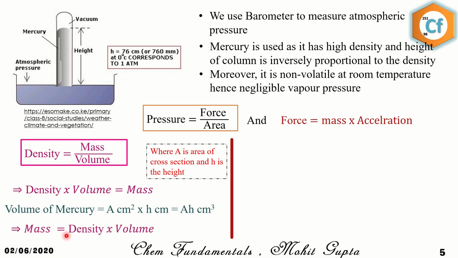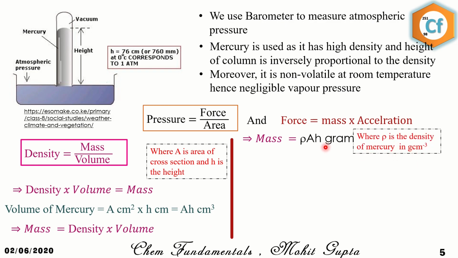On rearranging, mass is equal to density into the volume. So I'll substitute this value. What I'll get is rho AH grams. What is rho here? Rho is the density of the mercury, and the volume is AH centimeter cube. The unit of density is gram per centimeter cube. So centimeter cube will be cancelled out by the centimeter cube and we're left with the gram. So the unit of mass is in grams.